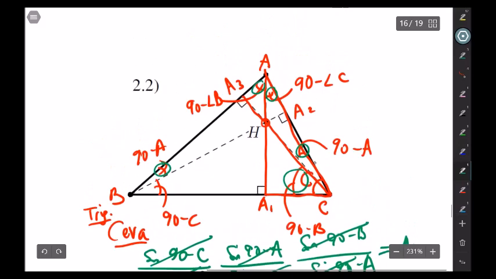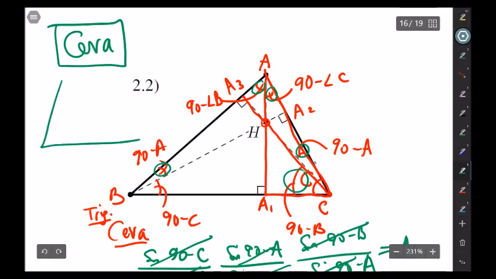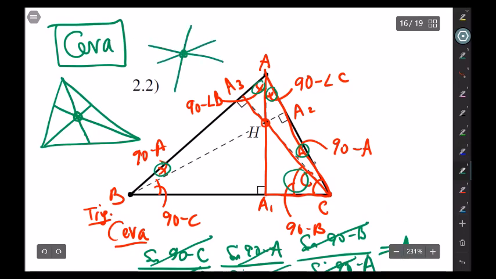Then maybe some of you might wonder, let me revisit Ceva. Where does it even come from? Ceva is an amazing theorem which explains under what conditions cevians meet at a single point. Whenever you want to show three segments are concurrent, you use Ceva. When you want to show three points are collinear, you use what?